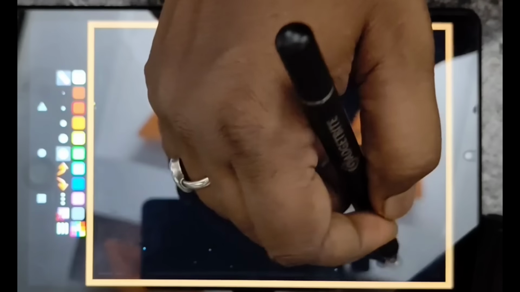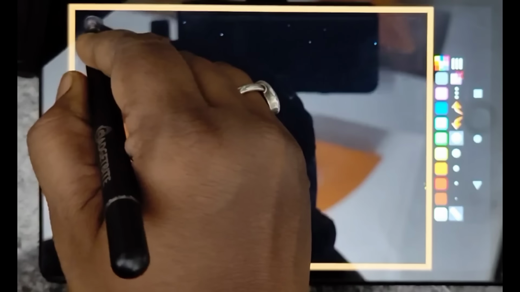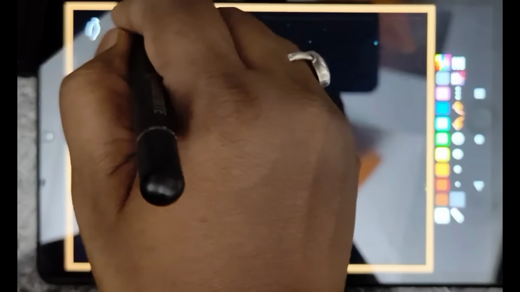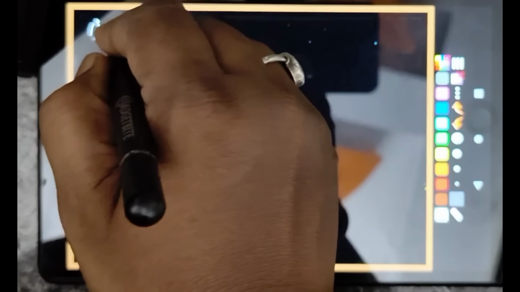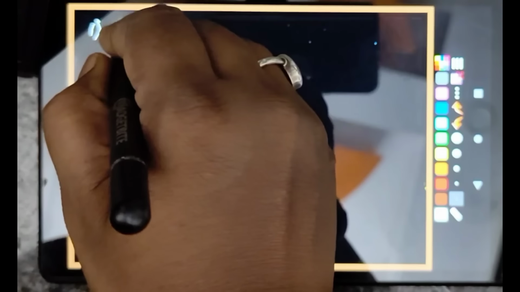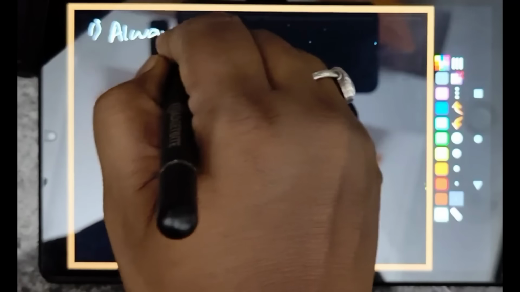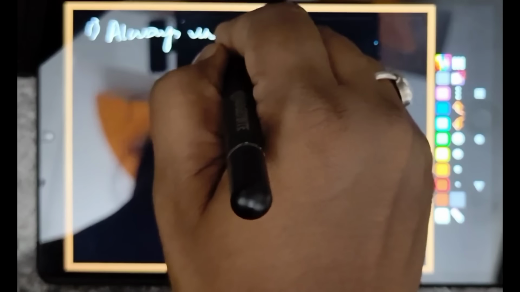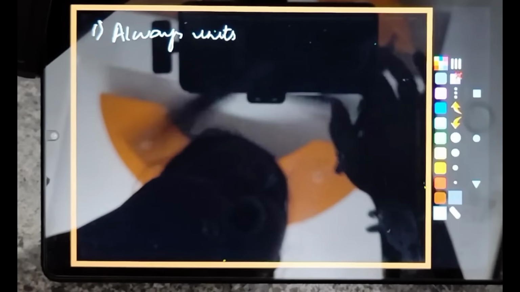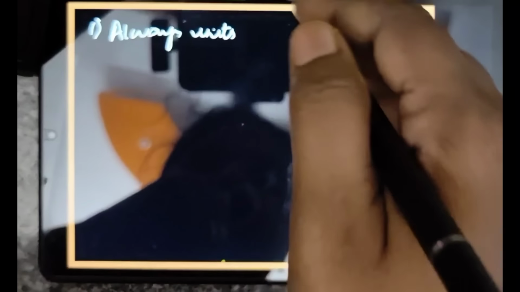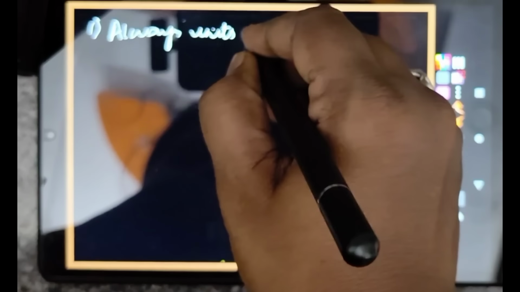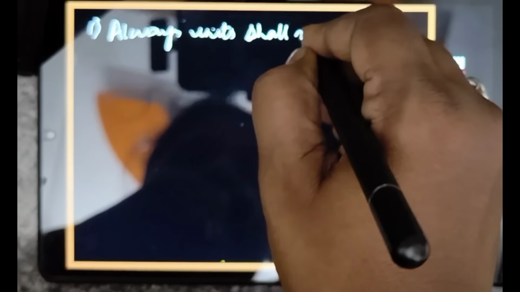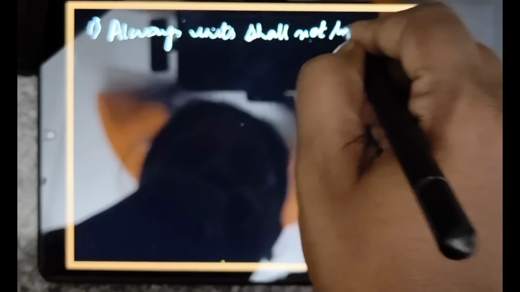Before writing the SI units, some rules should be followed. The first one: always, units shall not be in plural.